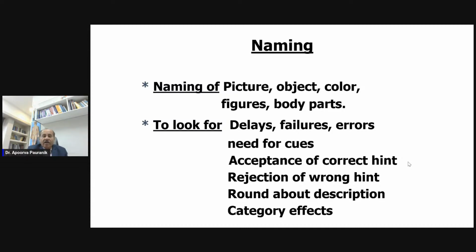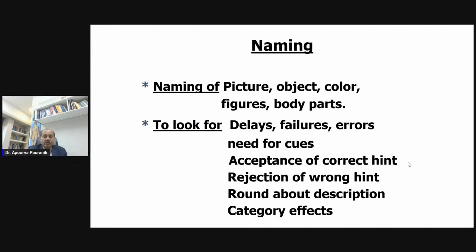And what do we look for? We look for delay, we look for failure, we look for errors, then we give them cue. Cue means help or hint. We can give them hint in the form of first sound. So if the answer was horse and the patient is not able to say horse, we will say ha, ha, har, something like that.